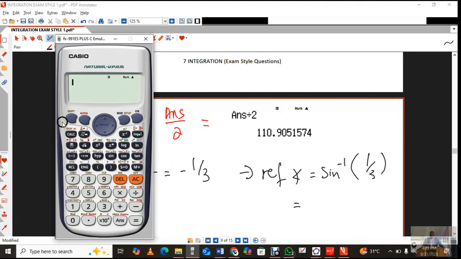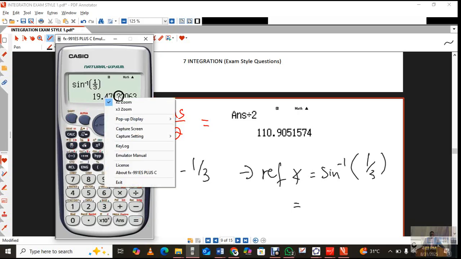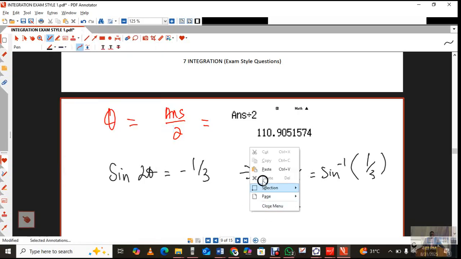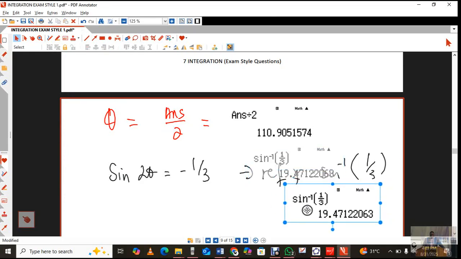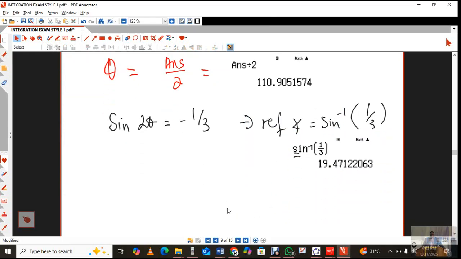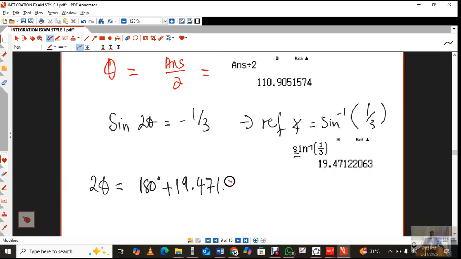So we take the arc sine of 1 over 3, and that gives us 19 point something, the angle we are going to add to 180. Therefore 2 theta will be 180 plus 19.471 and so on. And theta will be this answer divided by 2.